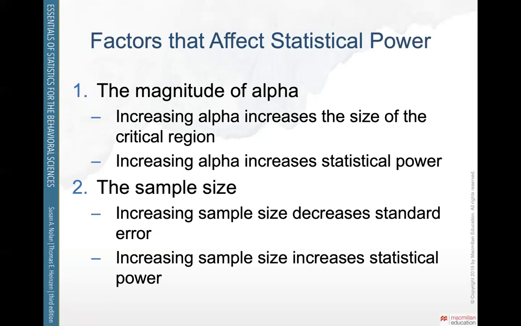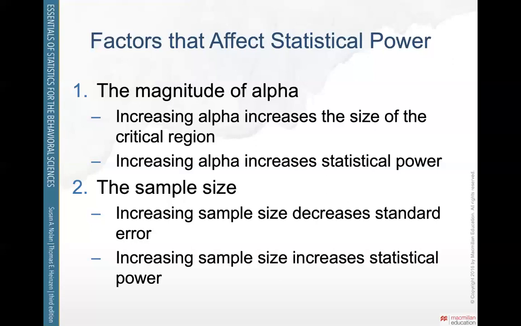And if the critical region gets bigger, that is, if we move those critical boundaries closer to the center of the distribution, we have a higher likelihood that when we calculate the Z-score for our mean, and then plot it to see if it falls in the critical region or not, it will land there.